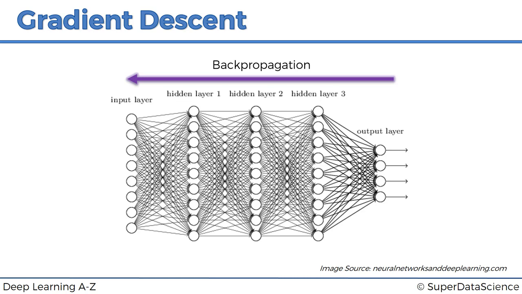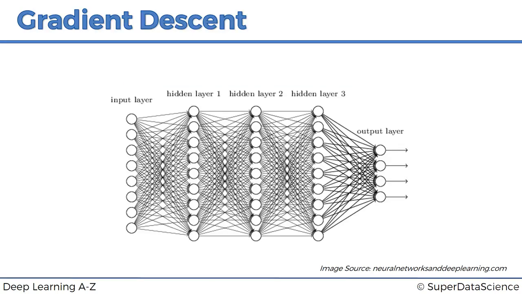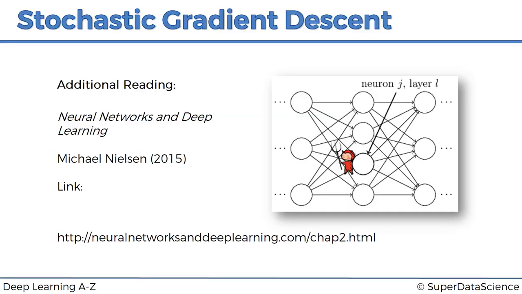Now, that is the key fundamental underlying principle of backpropagation, and this was why it picked up so rapidly in the 1980s, and this was a major breakthrough. And if you'd like to learn more about that and how exactly the mathematics works in the background, then a good article, which we've already mentioned, is Neural Networks and Deep Learning.